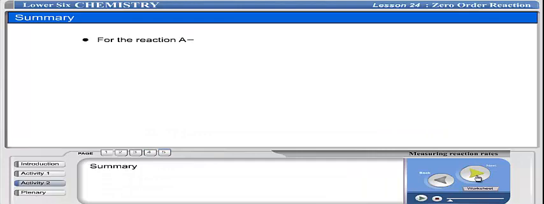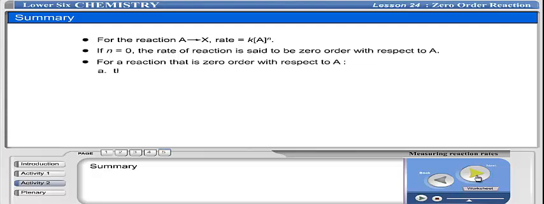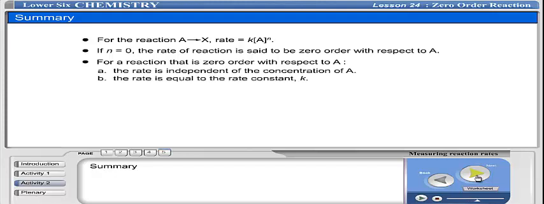For the reaction A gives X, rate equals k times concentration of A to the power n. If n equals 0, the rate of reaction is said to be zero order with respect to A. For a reaction that is zero order with respect to A, A, the rate is independent of the concentration of A, B, the rate is equal to the rate constant k, and C, the integrated equation of the rate law is concentration of A equals minus kt plus concentration of A naught.